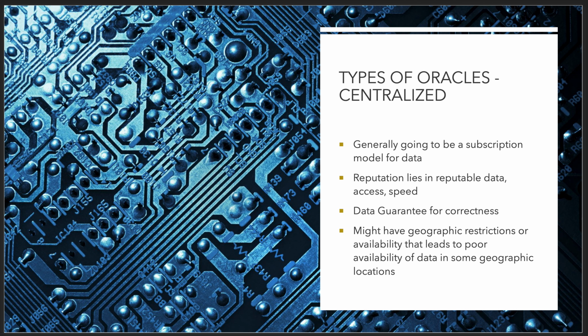The reputation lies in the reputable data access and speed, and that there's kind of a data guaranteed for correctness if used at that point in time when it's being called. Now you might have some geographic restrictions or availability that leads to poor availability of data in some geographic locations.